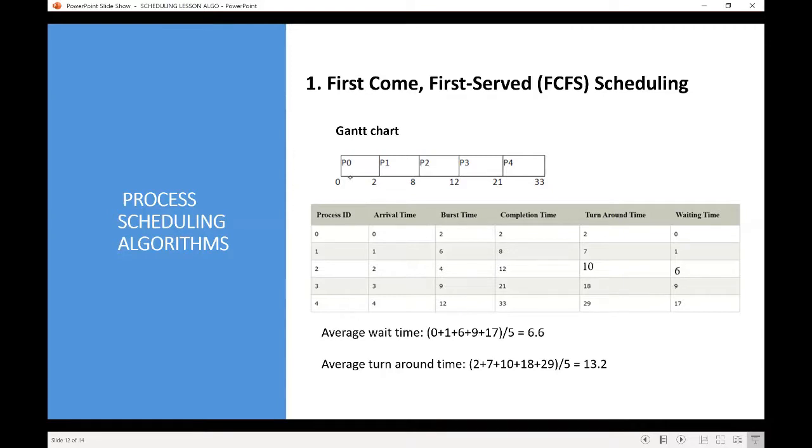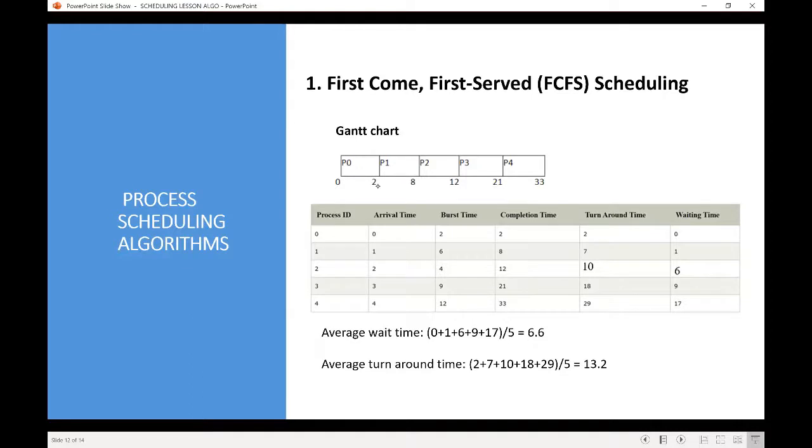Process 0 came at 0, and it is going to use 2 milliseconds, and it is going to complete at 2 milliseconds. Process 1 is going to use 6 milliseconds to complete, which means it will complete at 8.